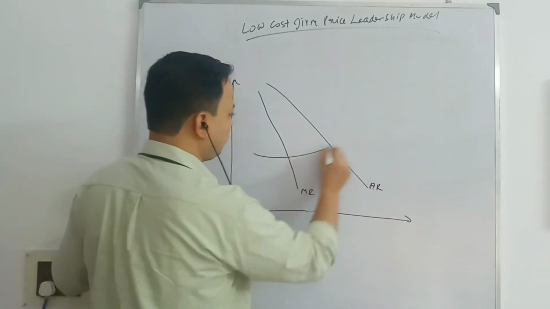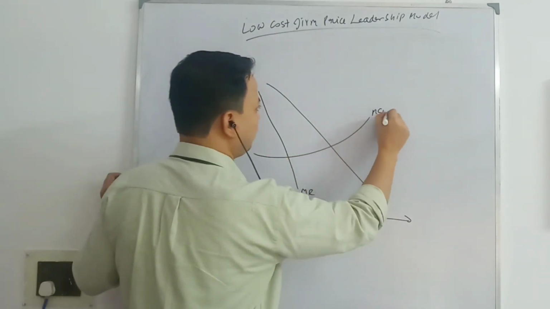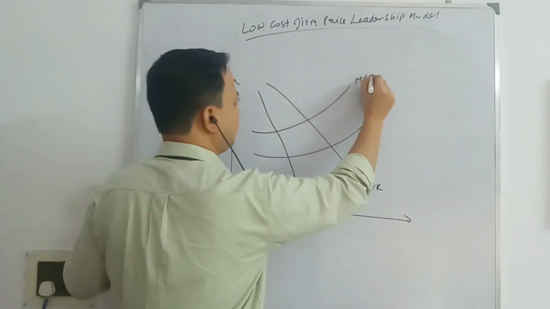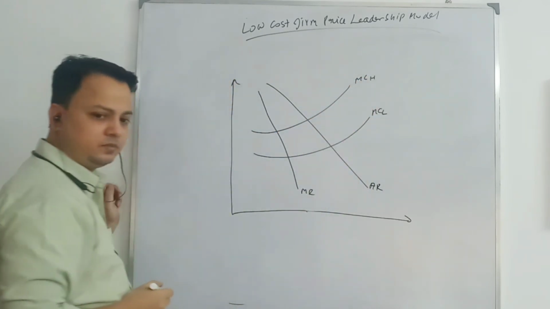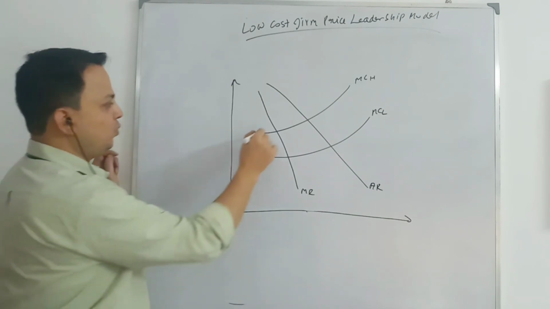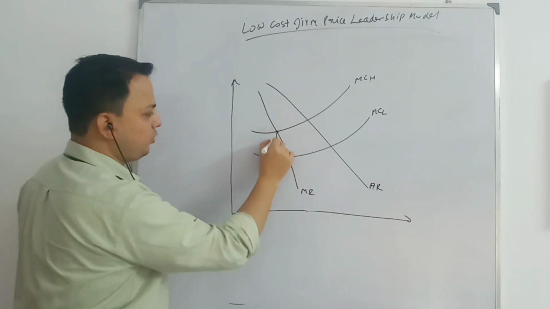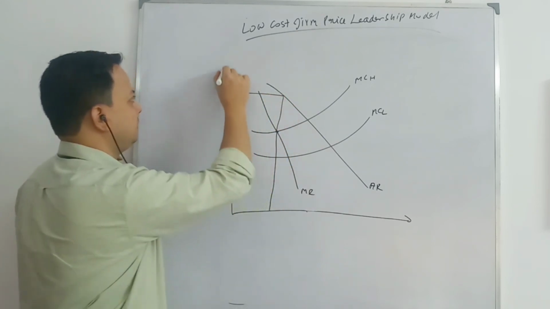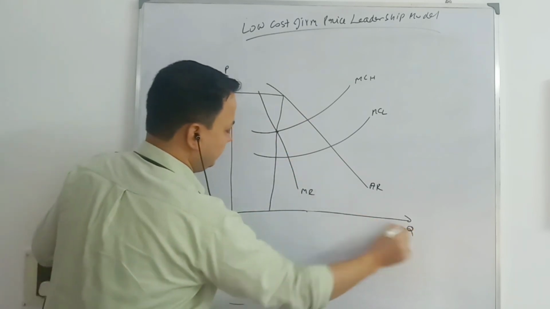One firm is no cost, so this is the marginal cost of the no cost firm. One firm is high cost, this is the marginal cost of the high cost firm. What is the profit maximization condition for both firms? For the high cost firm, it will be MR equal to MC. This is the price axis, this is the quantity axis.